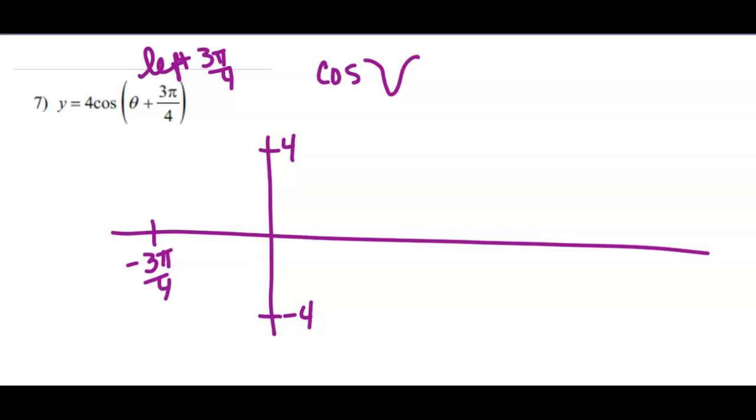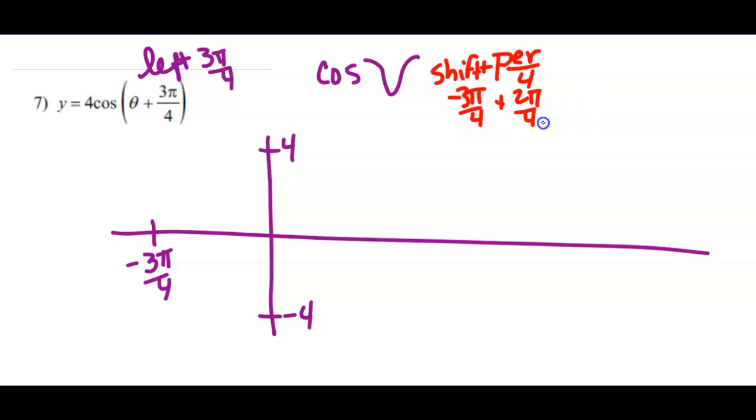Okay, it's a little important though that I figure out my quarter points this time rather than sketch it, because I don't know how many quarter points fall on either side of this axis. So remember, it's period divided by 4, starting with your shift. So my shift is left 3 pi over 4, and my period is 2 pi over 4.